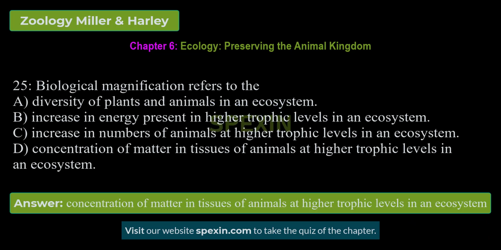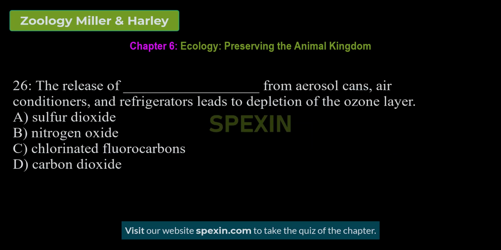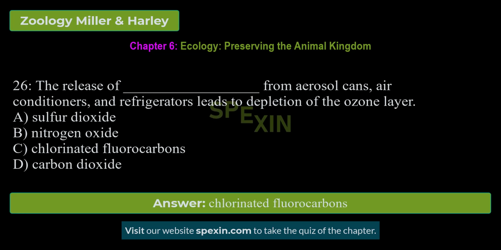Correct answer: concentration of matter in tissues of animals at higher trophic levels. The release of dash from aerosol cans, air conditioners, and refrigerators leads to depletion of the ozone layer. Sulfur dioxide, nitrogen oxide, chlorinated fluorocarbons, carbon dioxide. Correct answer: chlorinated fluorocarbons.